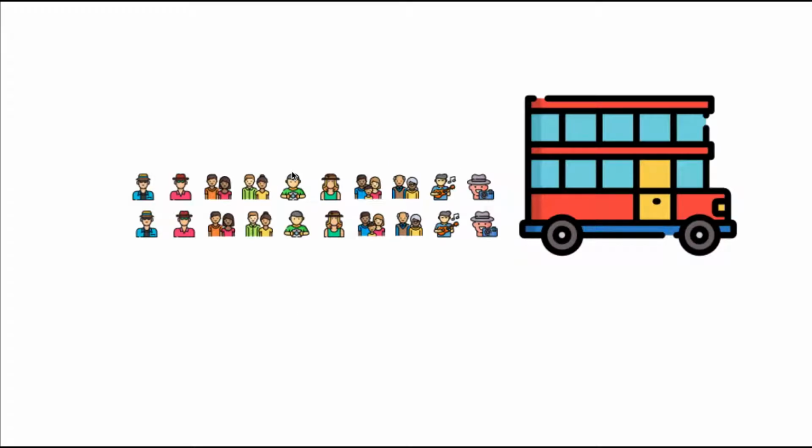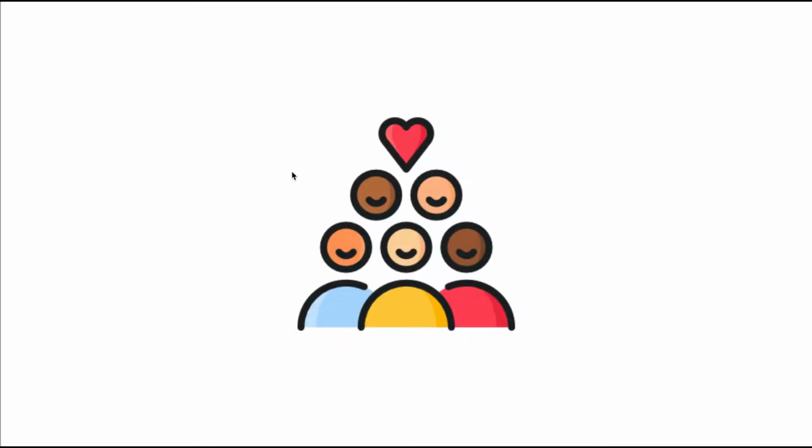I have one driver, and I can have a big bus with two layers, and I take all the people on one bus and leave with them for sightseeing. Again, customers are happy. They are able to see the sights together. In case they are a big group, you can serve them all together.